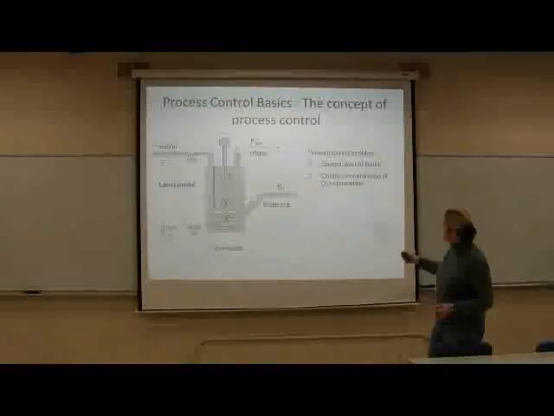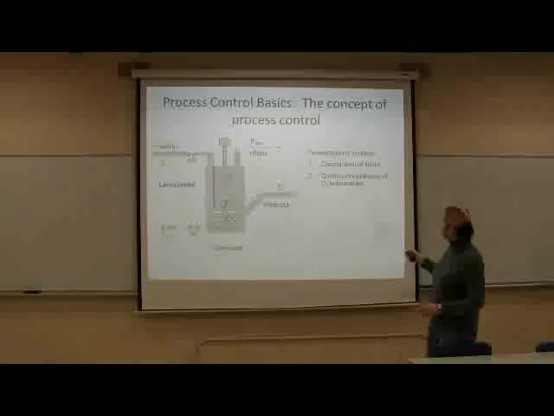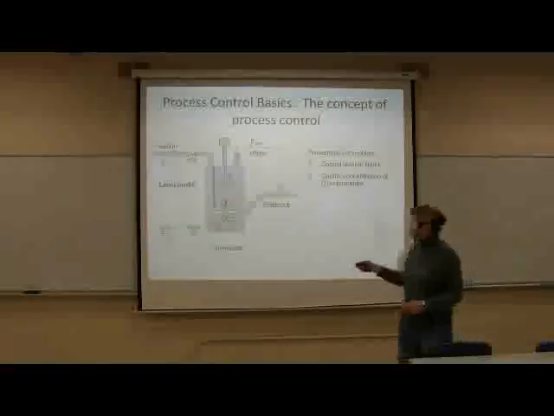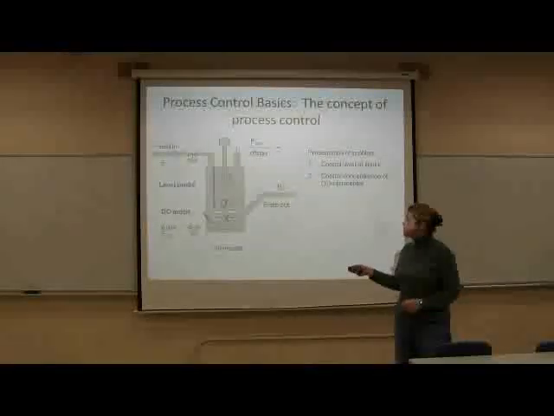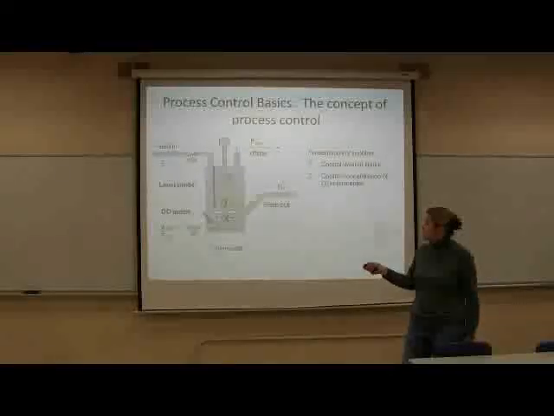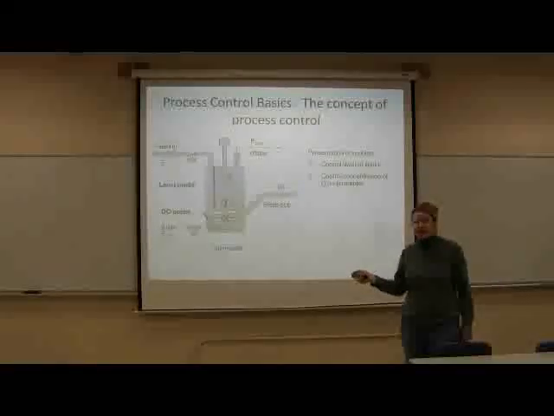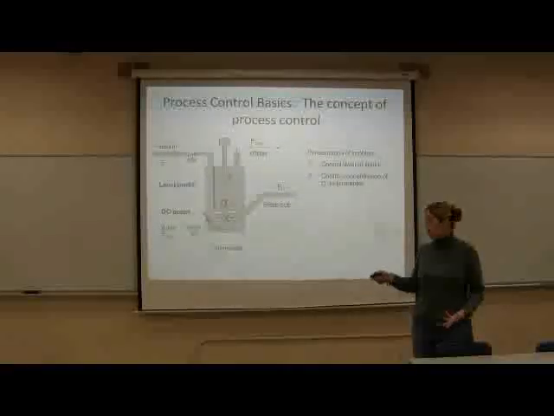The other thing we want to look at in this particular slide is to control the concentration of oxygen in the fermenter. To do that, we will use a dissolved oxygen probe. This is an electronic probe that has a small chemical reaction and is able to actually chemically measure the oxygen.